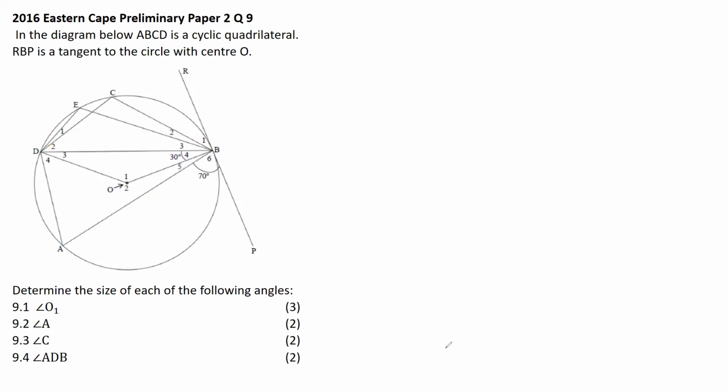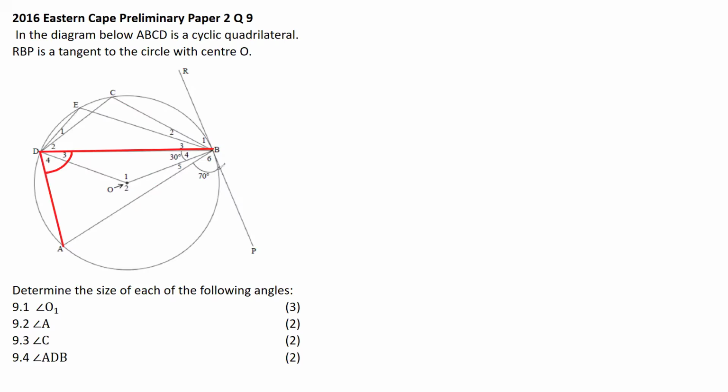ADB. I want to follow what they're talking about. So this is A, D, that's B. So ADB, I think the whole of D3 and 4, that's what they want. Notice that there is B6.